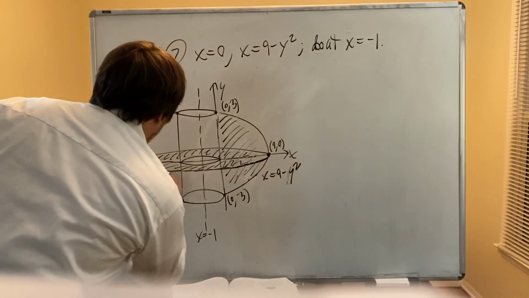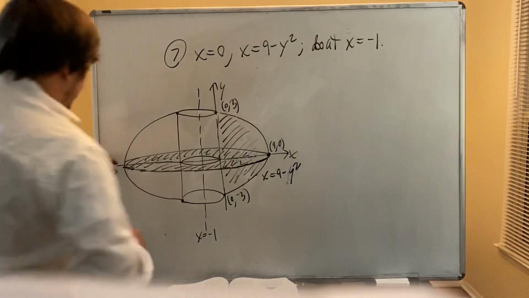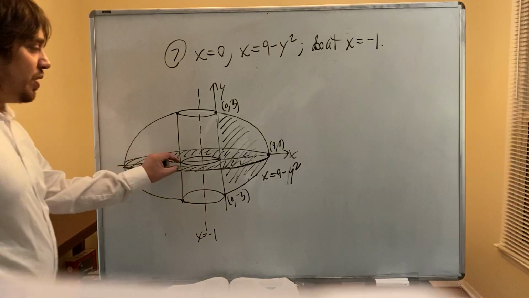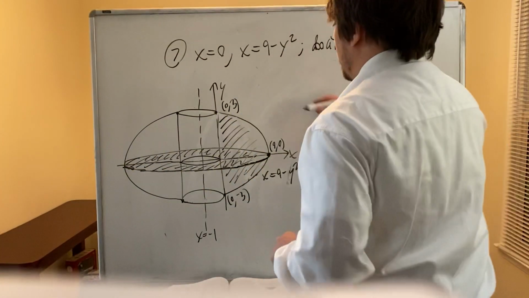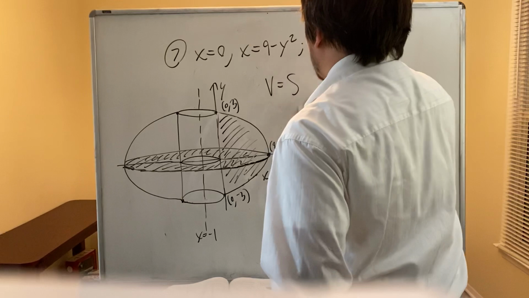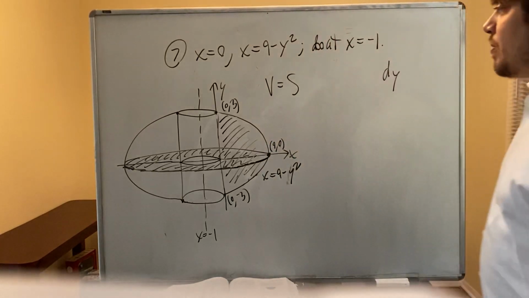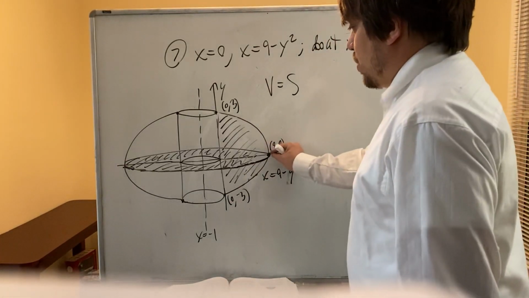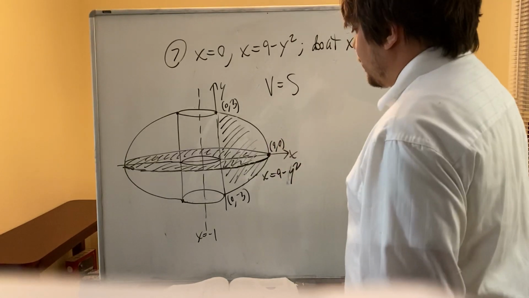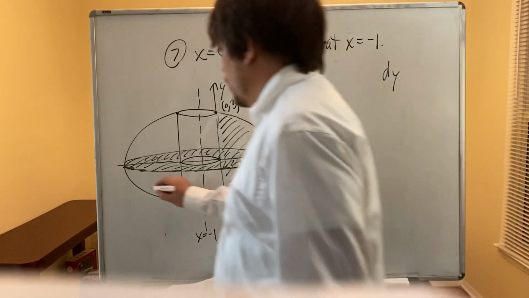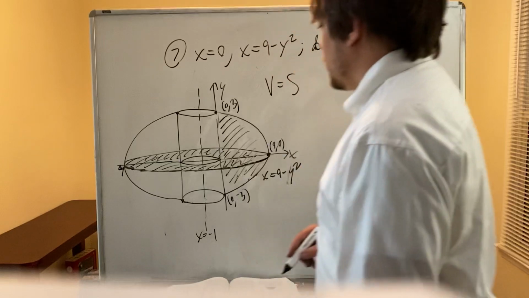And that thickness is a change in y values. So that tells you that we're calculating the volume as a definite integral with respect to y, because the thickness of the washer is a change in y values. There's a delta y here for the thickness of it.